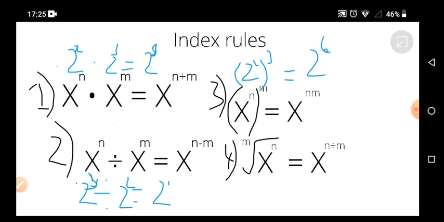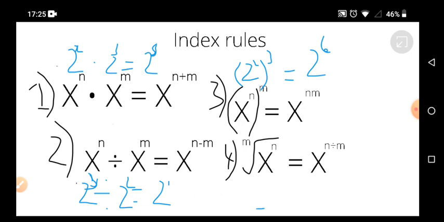And for the fourth rule, we have x to the power of n, to the mth root, so whatever m was, is equal to x to the power of n divided by m. So let's try to think of a way where this would work. I can't really show you an example for that off the top of my head, although I could have n is 4 and m is 2.